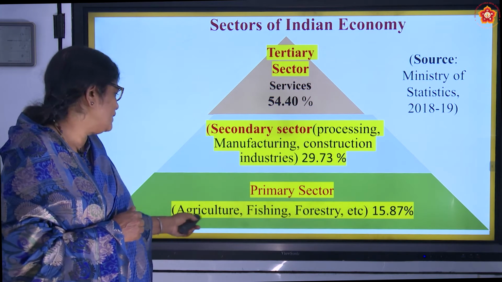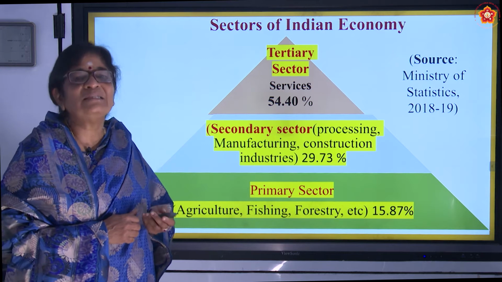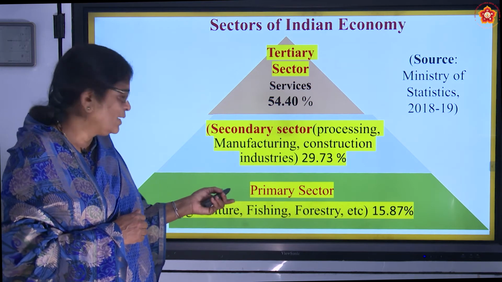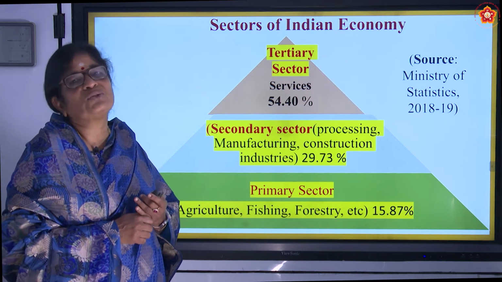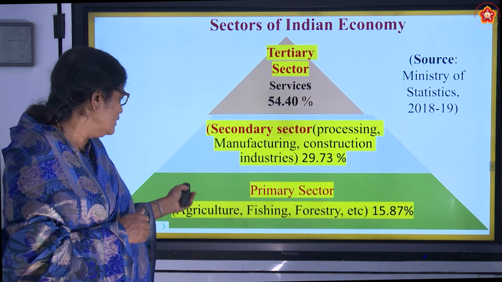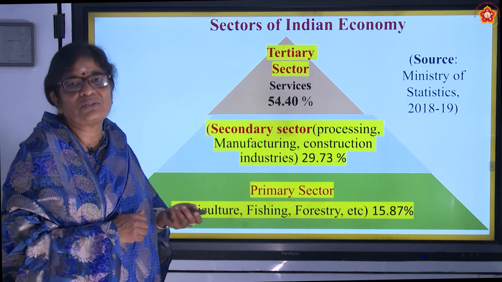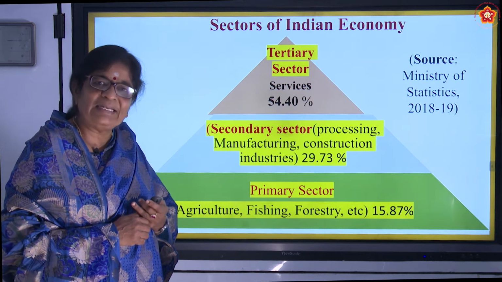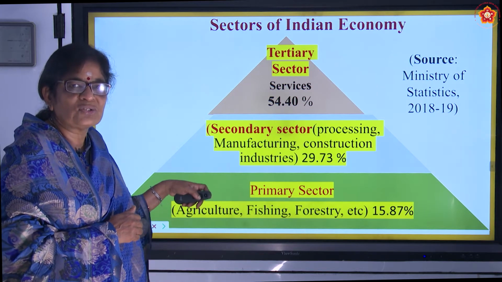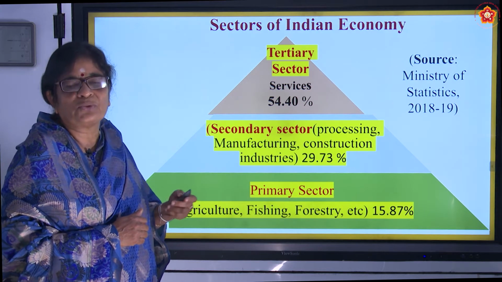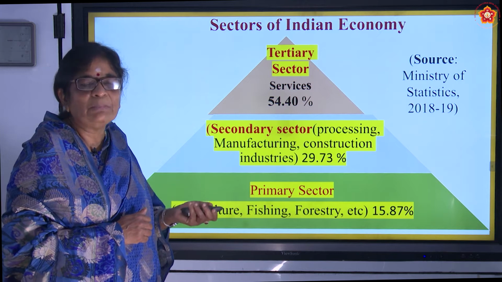For instance, we can take the agricultural sector. It's a major sector in India, and it is a very huge employer of the human resources of India. This agricultural sector uses natural resources, mainly fertile land, water resources, labor resources. They utilize all these resources and they produce output, like paddy production and wheat production.